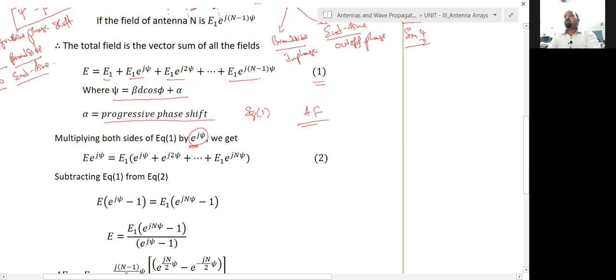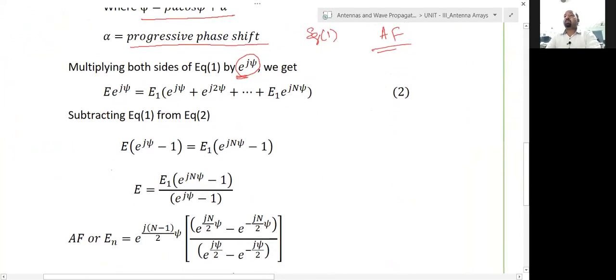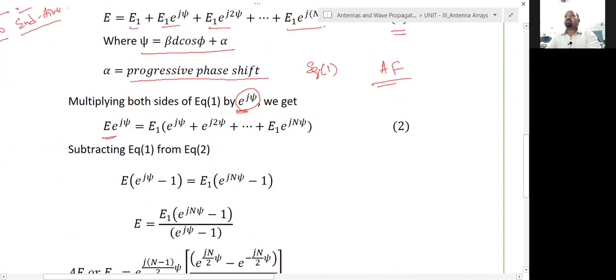Multiplying both sides of equation 1 with e power j psi, you will get this. On the left hand side, e power j psi, and taking E1 common, multiplied with e power j psi: e power j psi plus e power j psi into e power j psi, which is e power j 2 psi.